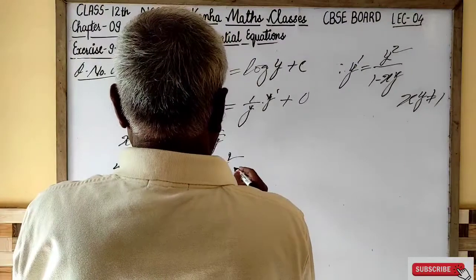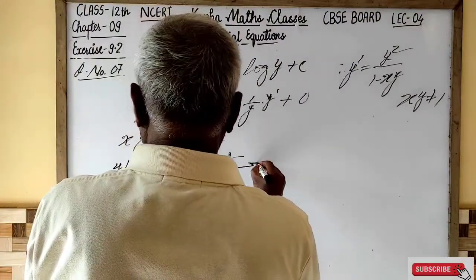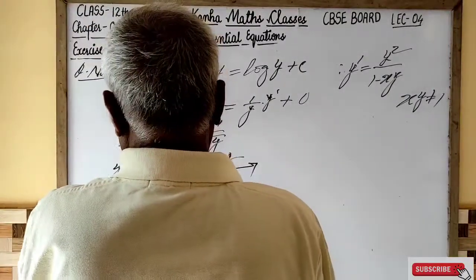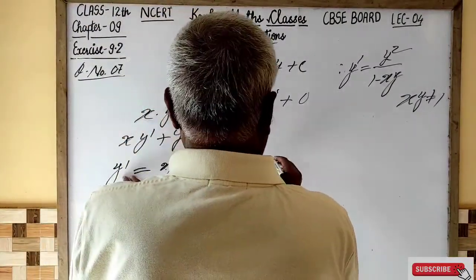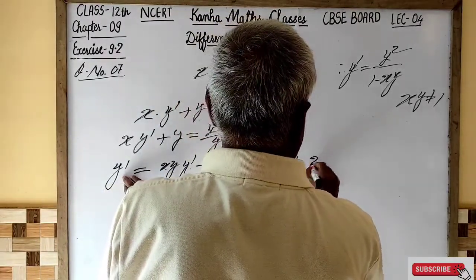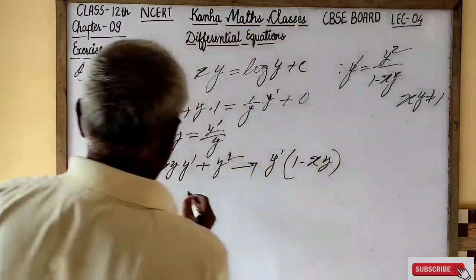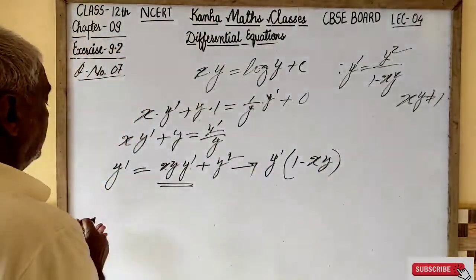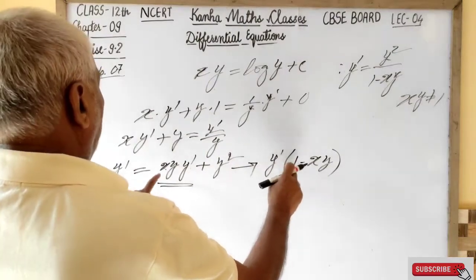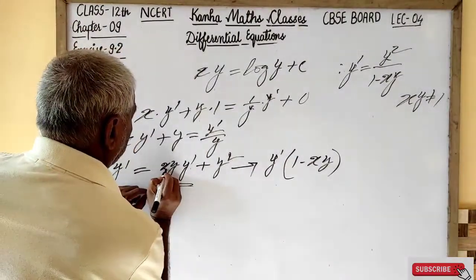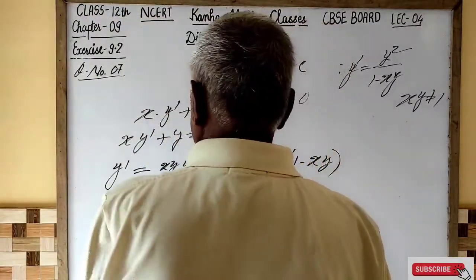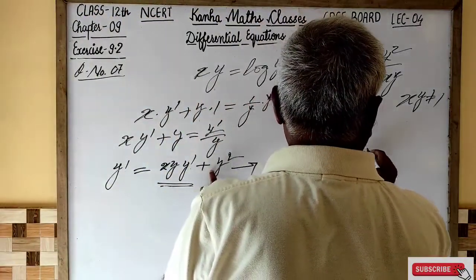It means if you transfer the terms and take common y dash, this will be 1 minus xy. By transferring this term to the left hand side, we take common y dash, so here you will get 1 minus xy, and this will become y square.